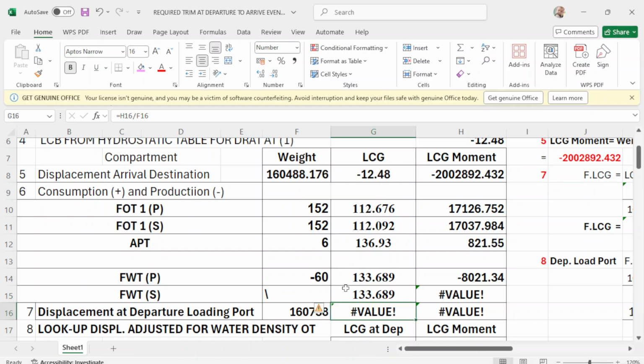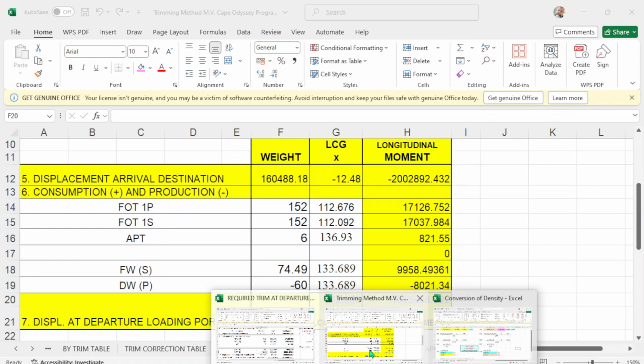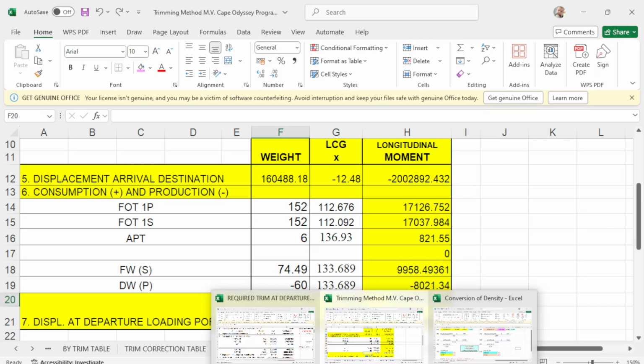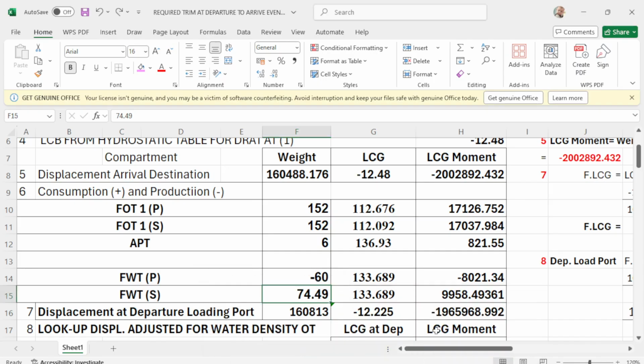Oh, what happened here? Okay, the LCG is negative 12.225, and your LCG moment is 1965968.92.